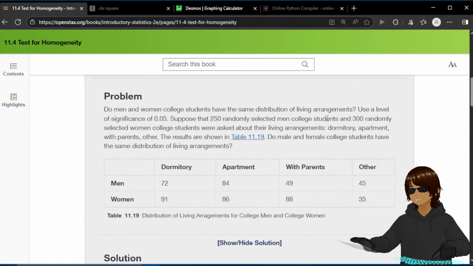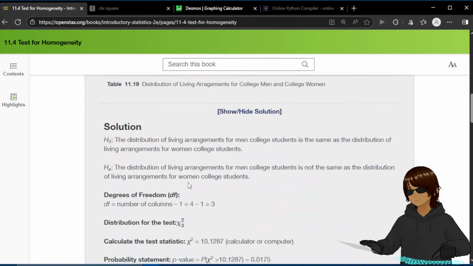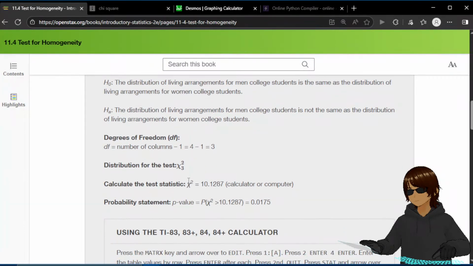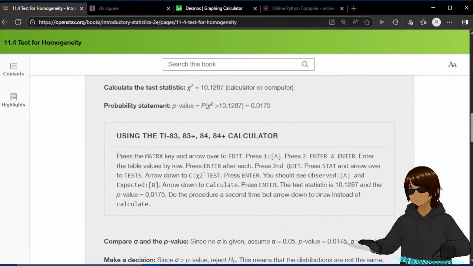250 randomly selected men college students and 300 randomly selected women college students were asked about their living arrangements. 300 from here, 250 from here. They need to tell how they calculated this.